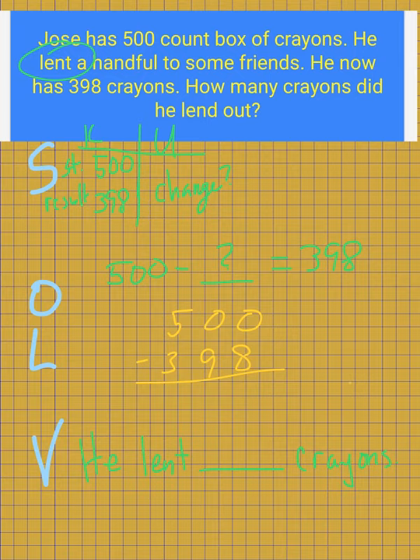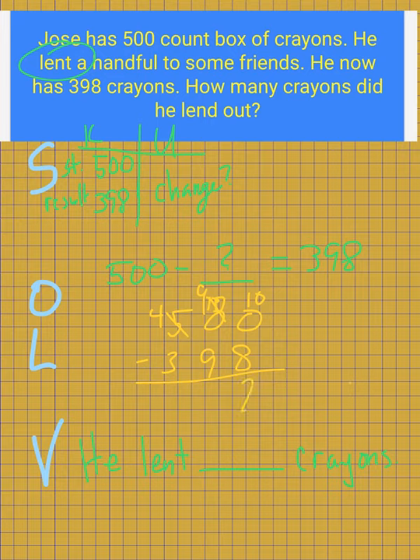Well, if we have 0 in the ones, we cannot subtract 8. And we cannot regroup from the tens because there's nothing to regroup. So let's go to the hundreds. We regroup one of the hundreds, brings over 10 tens. We're not quite done yet because it doesn't solve our problem with the ones. So let's bring over one of the tens, leaves us with 9. Now we have 10 ones.